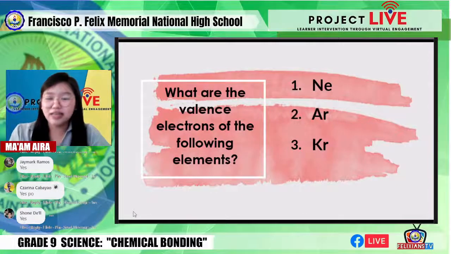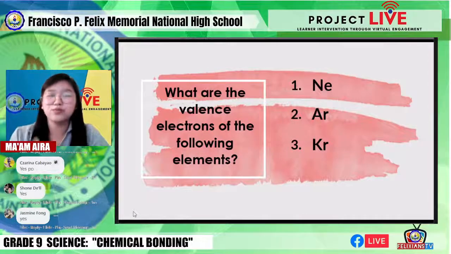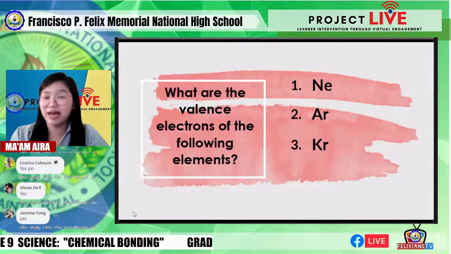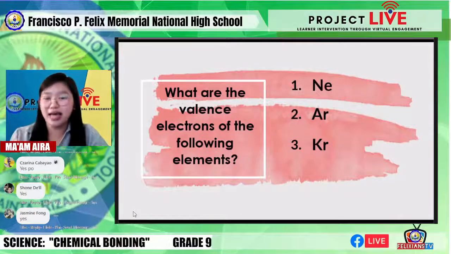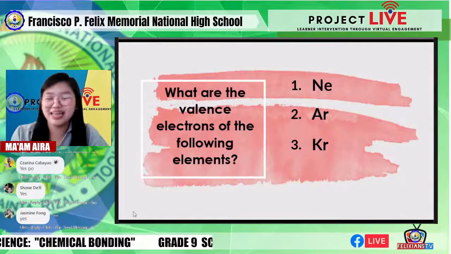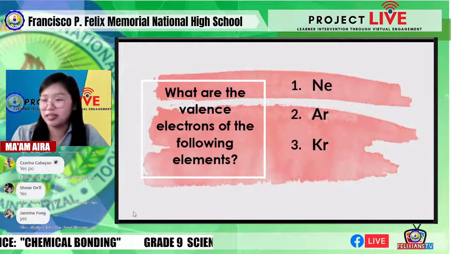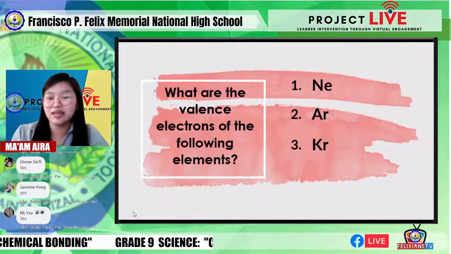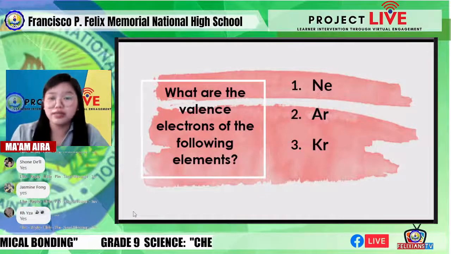Now, the first thing that you need to do, of course, is to have with you your periodic table of elements and then find these elements Ne, Ar, and Kr.